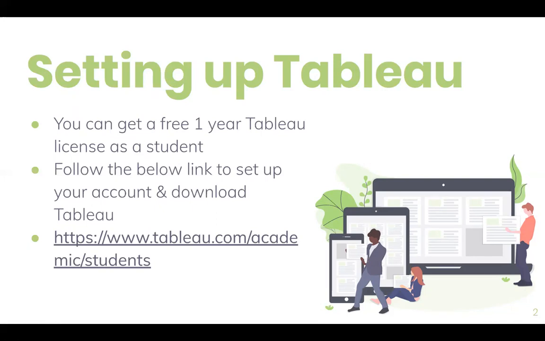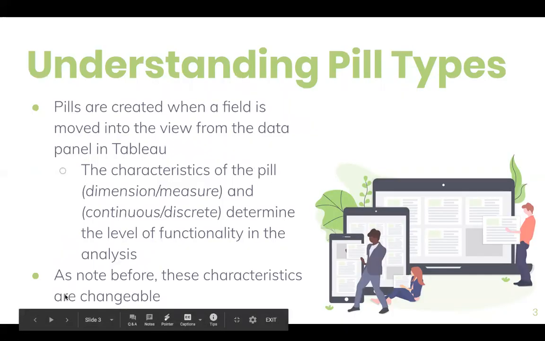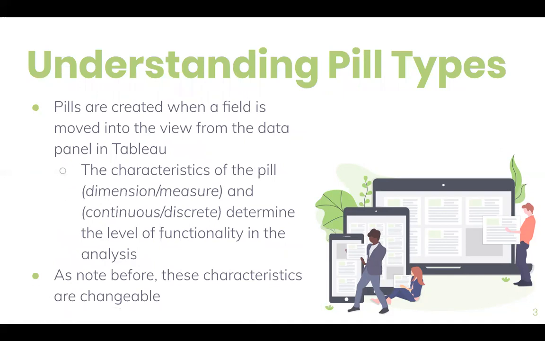Next, we'll be going into a brief review of characteristics of data fields of data connected or imported into Tableau. As you may remember, data fields or pills are created when a field is moved into the view from the data panel in Tableau. Pills have a characteristic that is either dimension or measure.